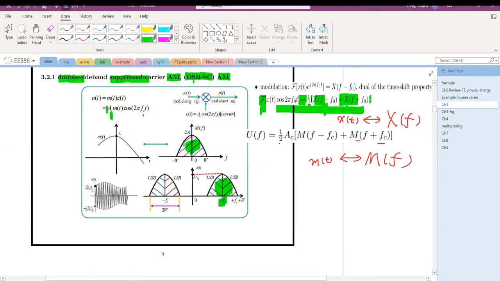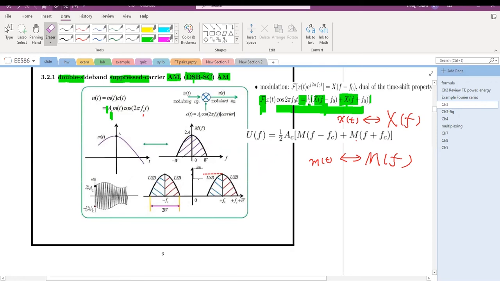And then this spectrum moves to minus f_c, that's here. And then you take half and multiply by A_c. So this is 2A here, you take half, it becomes A. So here, this is A multiplied by A_c. And you sum these two portions up, you get the positive frequency and negative frequency.